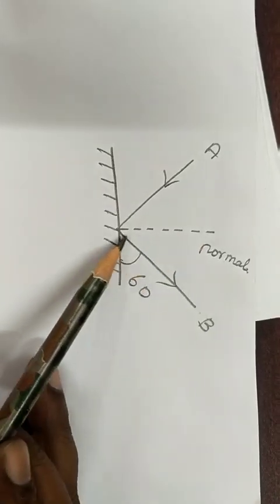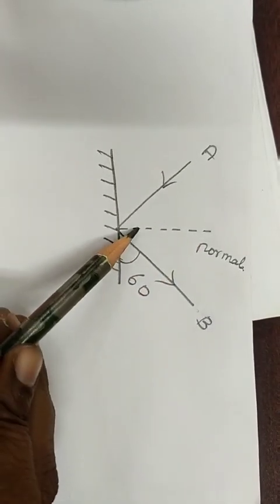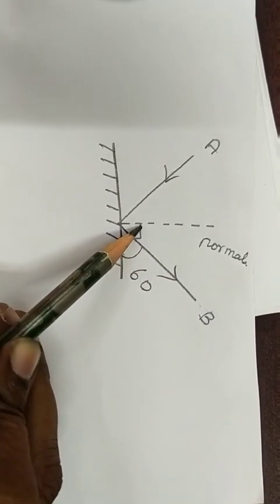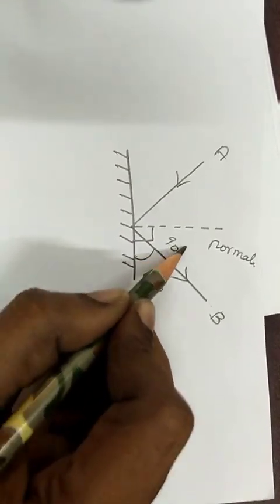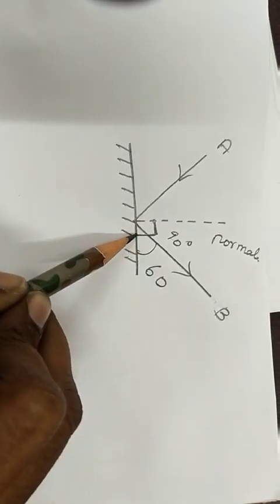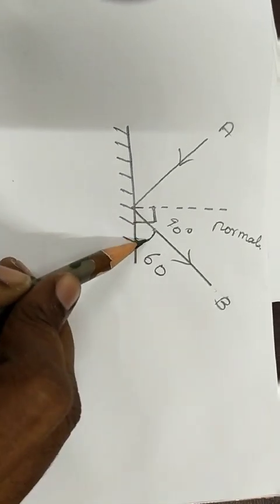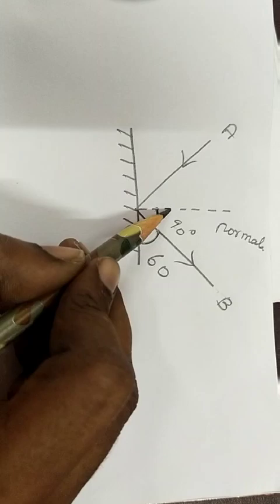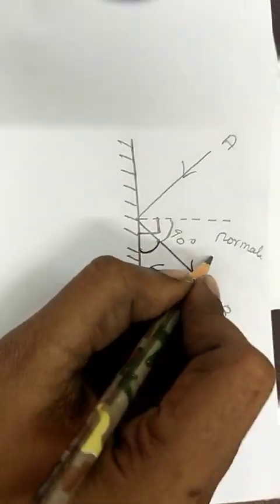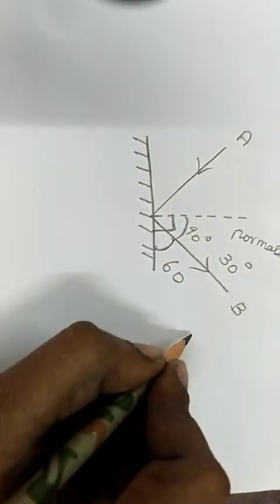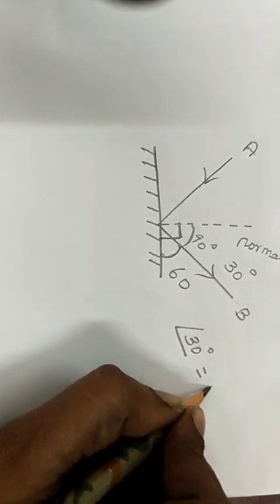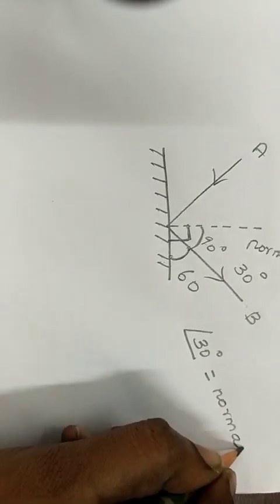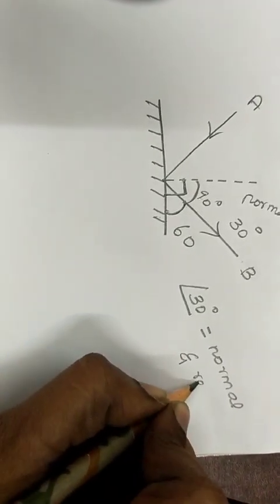And here I have drawn the normal. But we all know what is this angle? Very good. Right angle. What is the value of this angle? 90 degree. So the whole is 90 degree. From here to here this is 60. Then what is this angle? Very good. 30 degree.